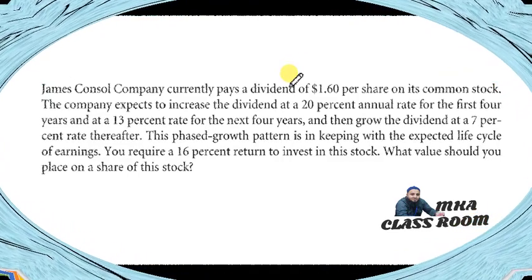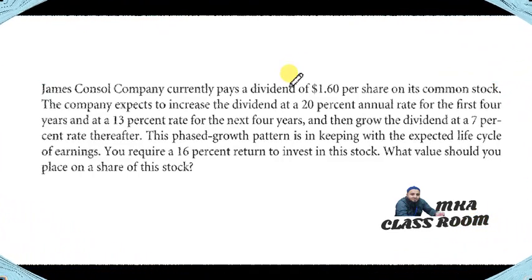Another example: James Console Company currently pays a dividend of 1.60 per share on its common stock. The company expects to increase the dividend at a 20% annual rate for the first 4 years and a 13% rate for the next 4 years, then grow at 7% thereafter.